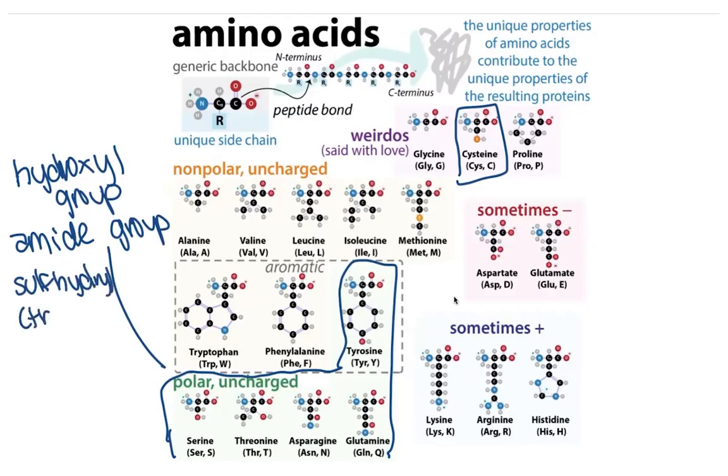So that'd be our thiol group. And what these all have in common is basically they're going to be able to do things like form hydrogen bonds, and they can act as nucleophiles.